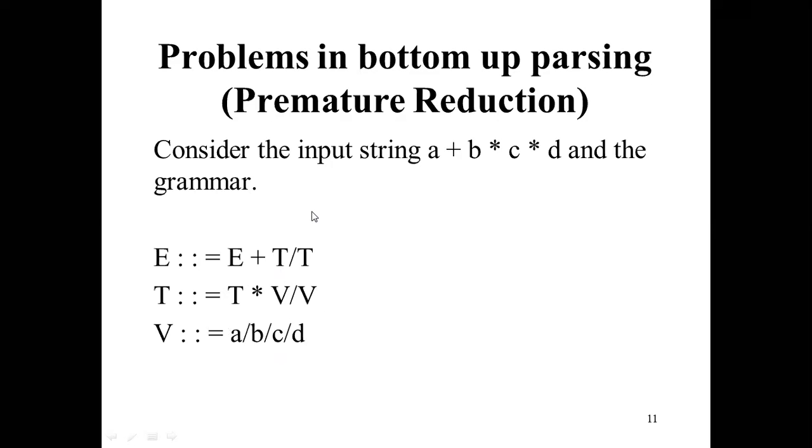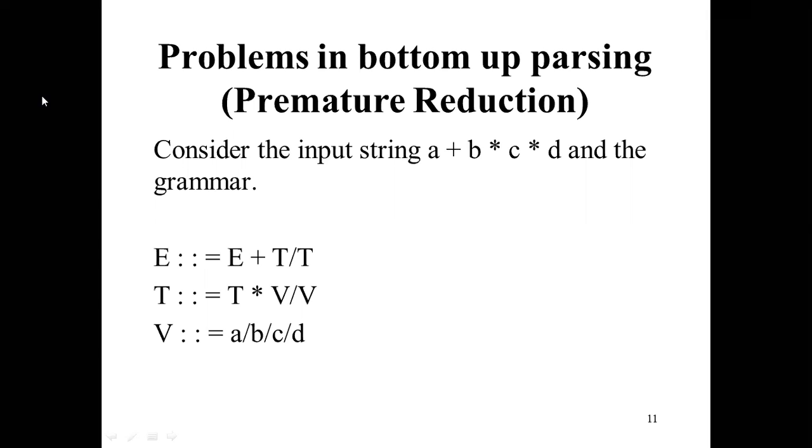But we will choose that choice which first compares with our input string, A plus B star C star D. So we will proceed in the reverse manner, that is called bottom-up parsing, or shift reduce parsing.